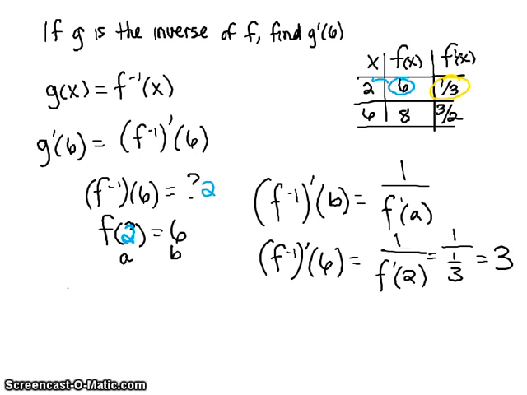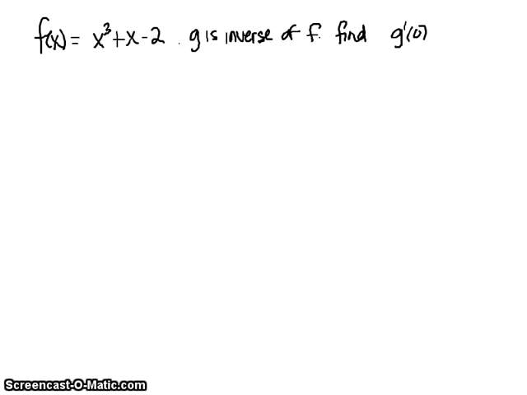So the other way that we might see this is if they give us a function like this: f of x is equal to x to the third plus x minus 2. g is the inverse of f. Find g prime of 0. So again, we want to think: g of x is equal to f inverse of x.